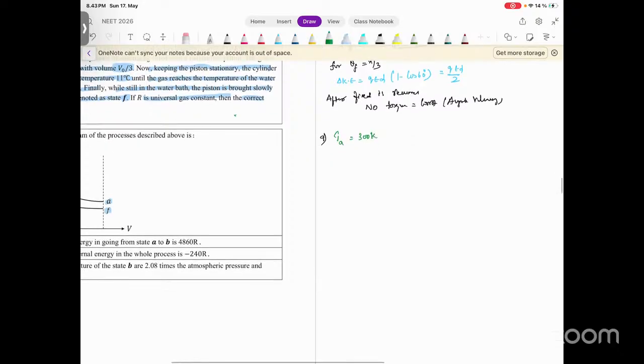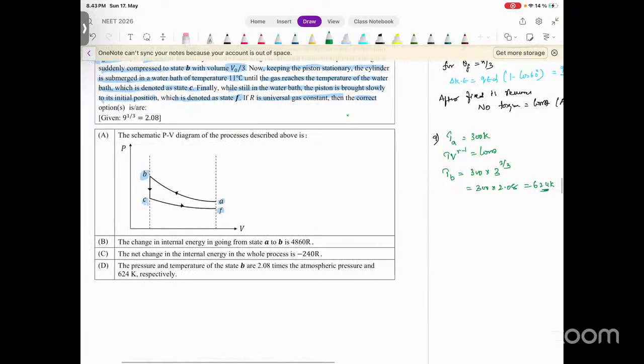Sudden compression means it is an adiabatic process, so TV to the power of gamma minus 1 must be constant. So the temperature at B will be 300 into 3 to the power of 2 by 3, which is 300 into 2.08, approximately 624 Kelvin.